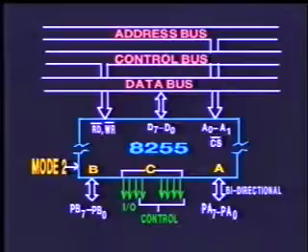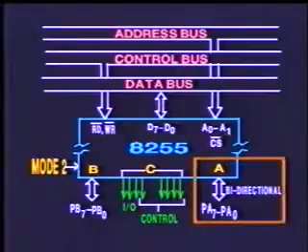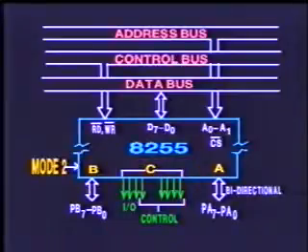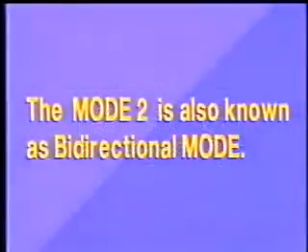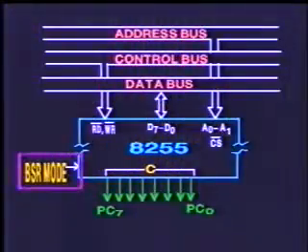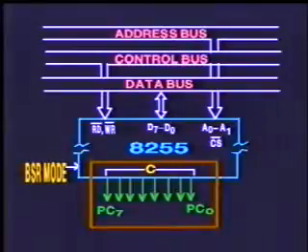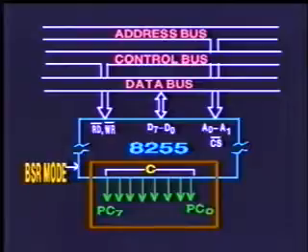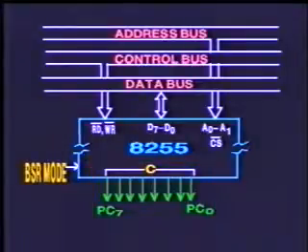In mode 2, the port A is used as a bidirectional port with port C for handshake. The mode 2 is also known as bidirectional mode. Bit set reset mode makes use of only port C. Any bit of port C can be set or reset.